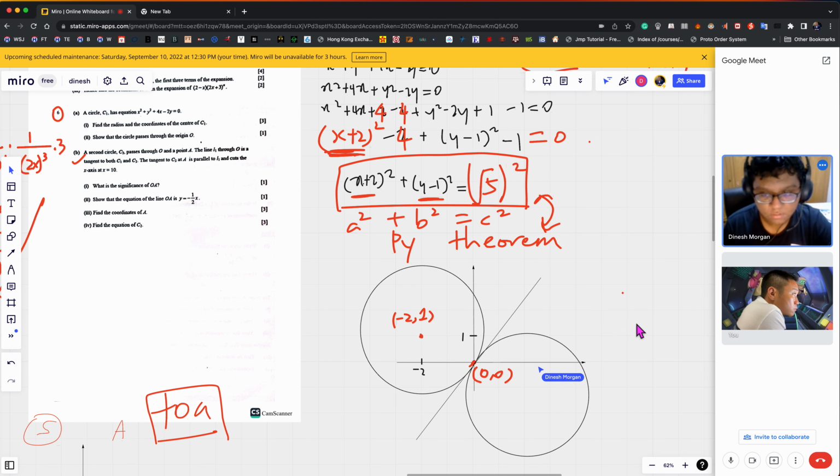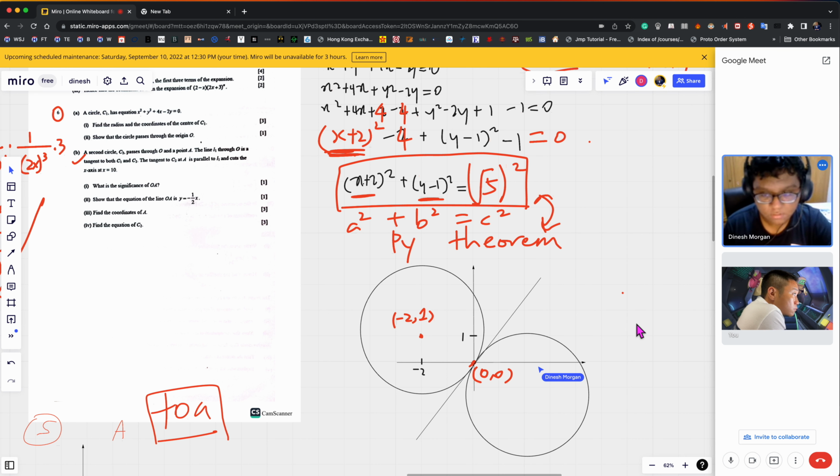I think you can easily show this one. To find the coordinate of A is also quite easy. You need to form equation 1, equation 2. m1 equals negative half, m2 equals 2.